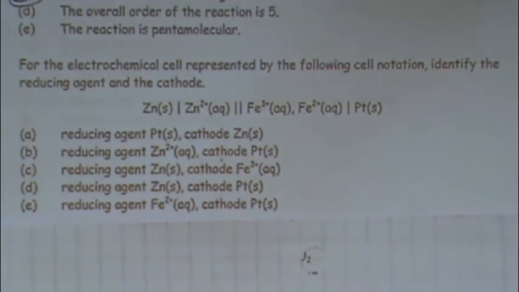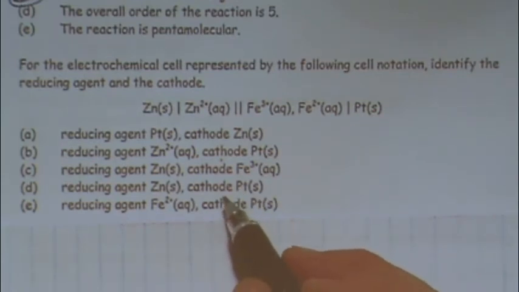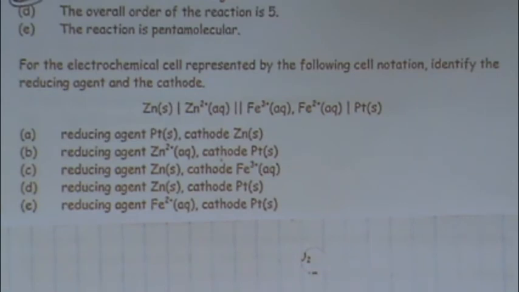And some people said C. No way. Why would you say C? Because the definition of the cathode is not a solution.